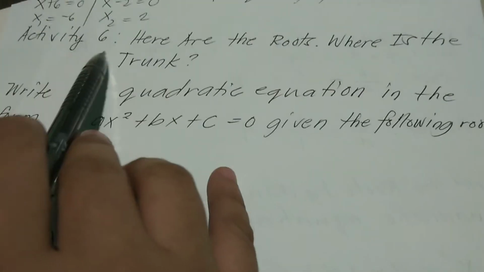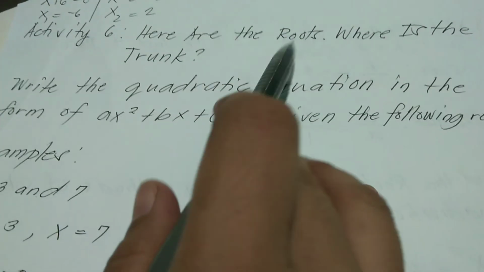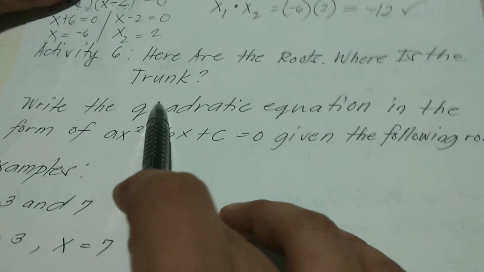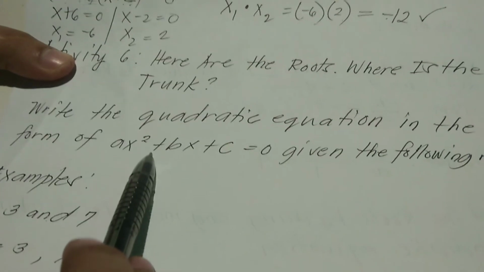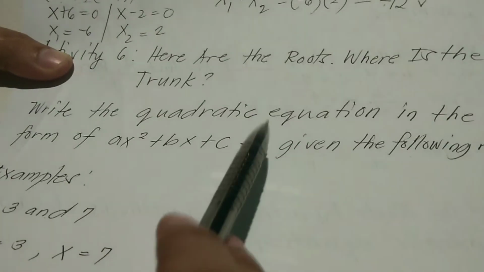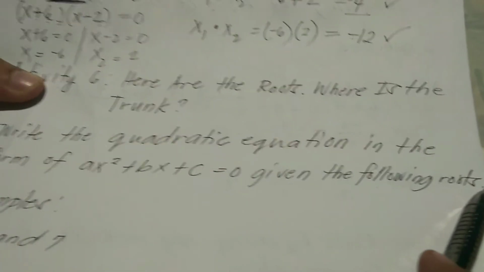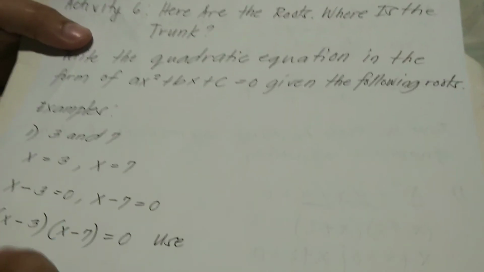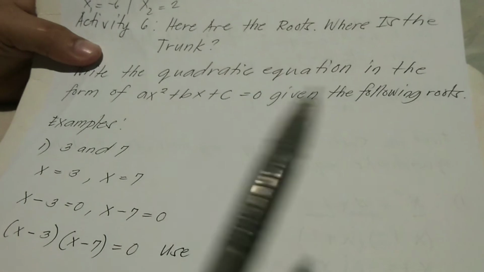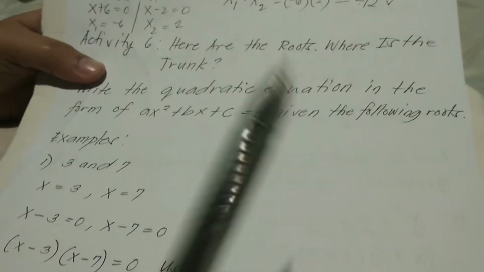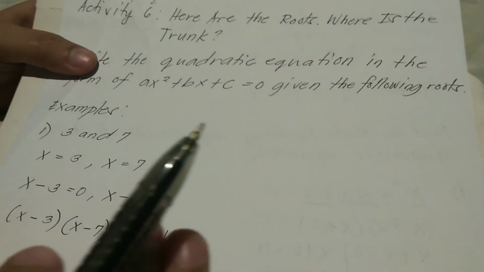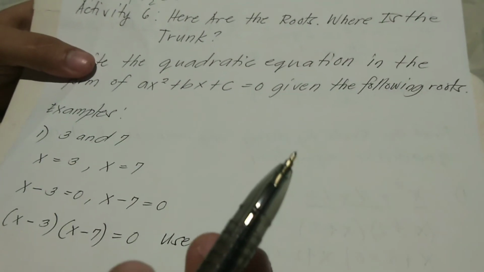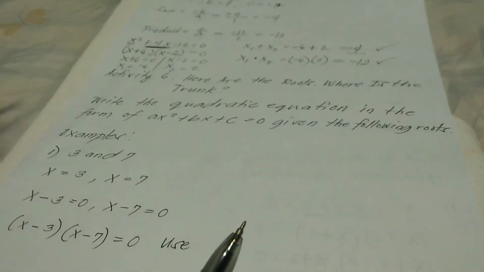For activity number 6, here are the roots. Where is the trunk? Write the quadratic equation in the form of ax squared plus bx plus c is equal to 0 given the following roots. In this activity, the roots are given, and we will write the quadratic equation. This is the reverse of solving the quadratic equation. In solving, the quadratic equation is given and we get the roots. Here, it is the opposite: the roots are given and we get the quadratic equation.